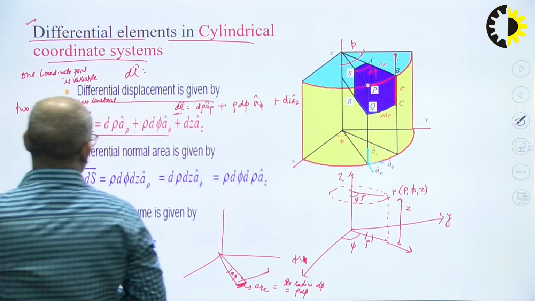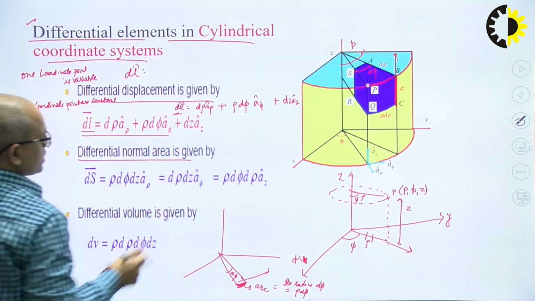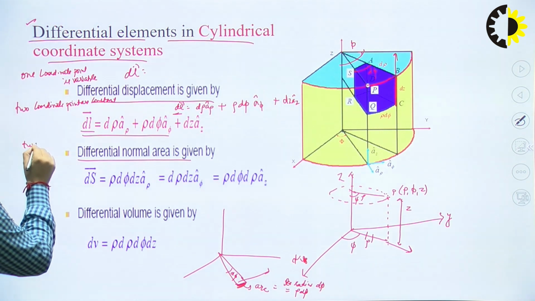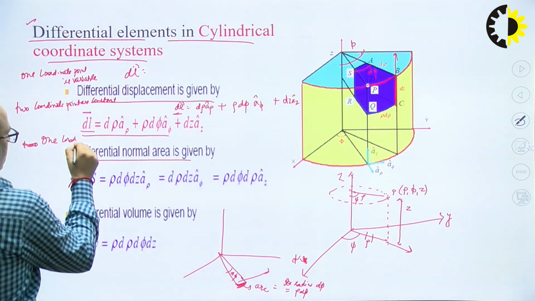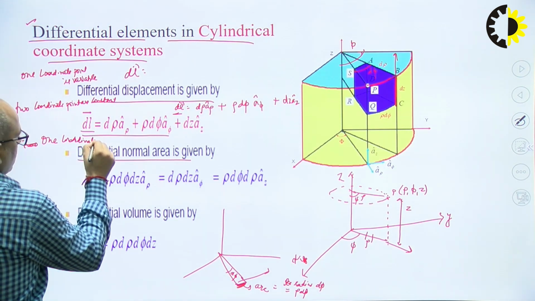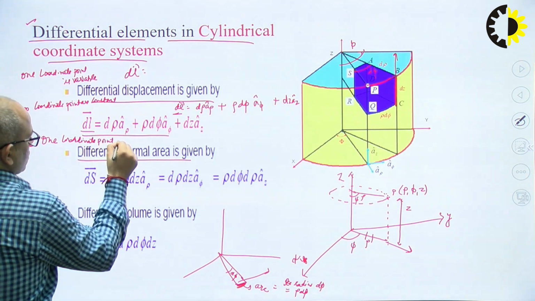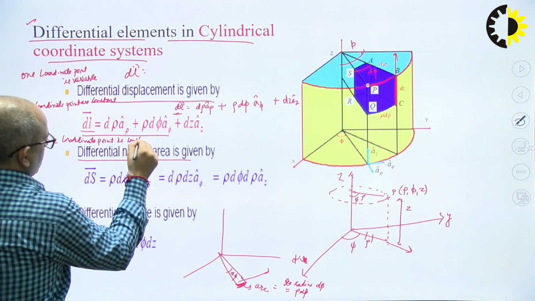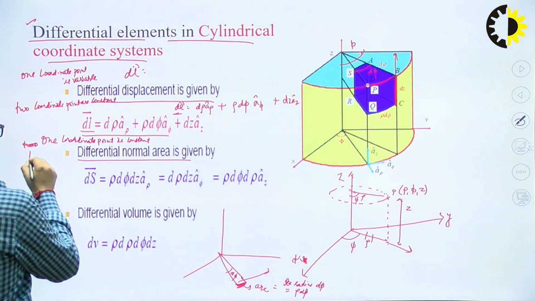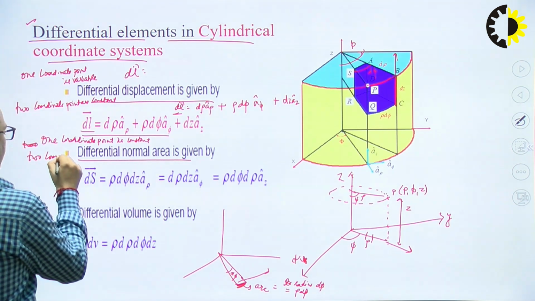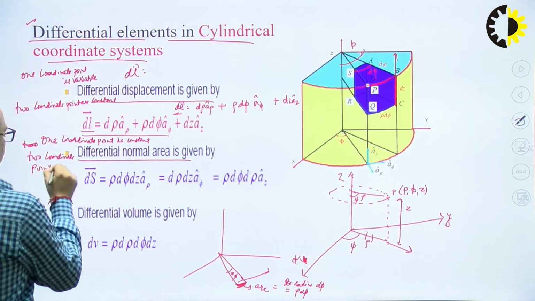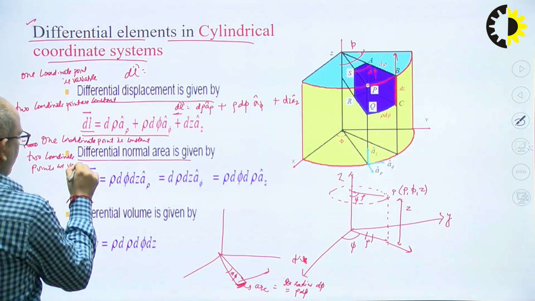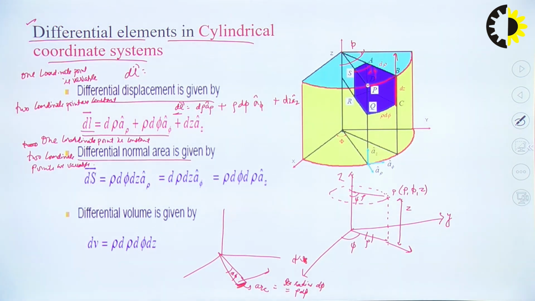Now similarly, the differential normal area: when one coordinate is constant and two coordinates are variables, a surface area will be formed.